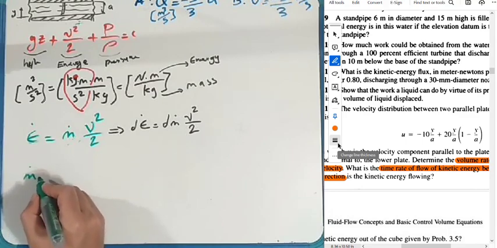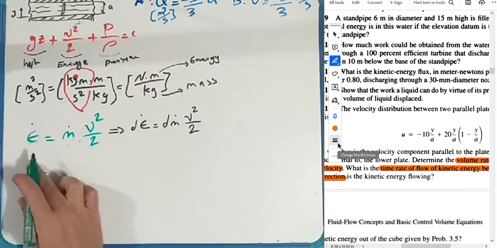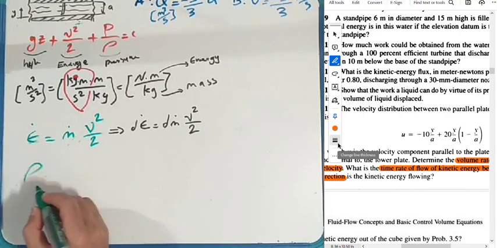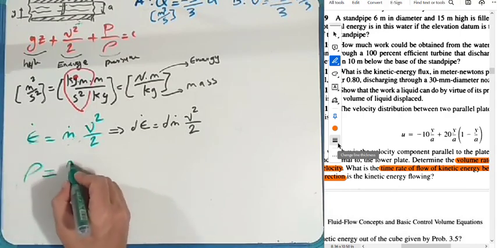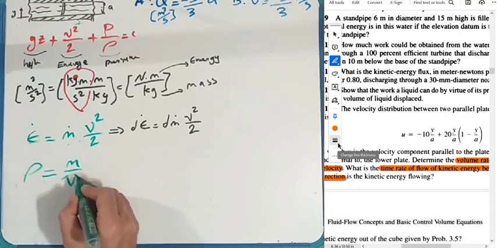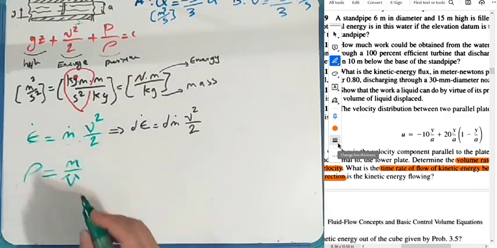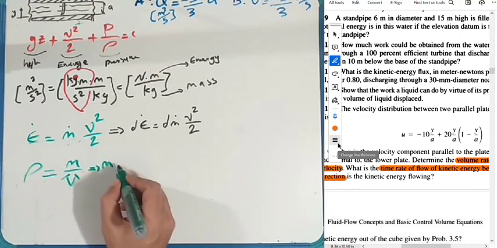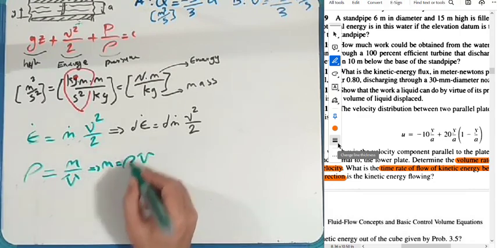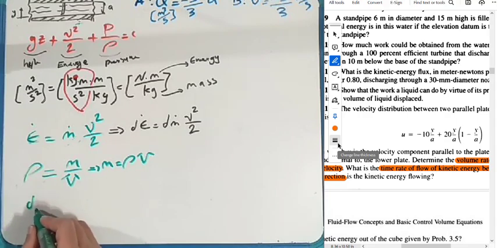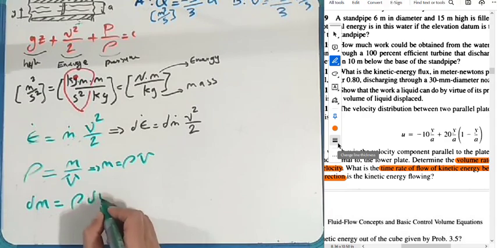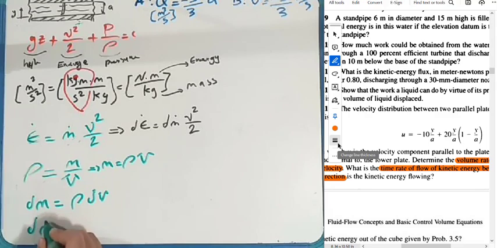Rho is m over v, which v is volume, different from nu. Then m equals rho v. I can write dm equals rho dv, or dm dot equals rho dv dot.